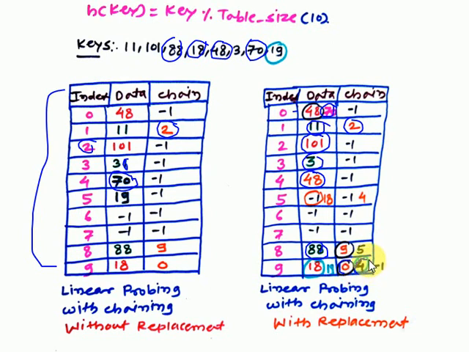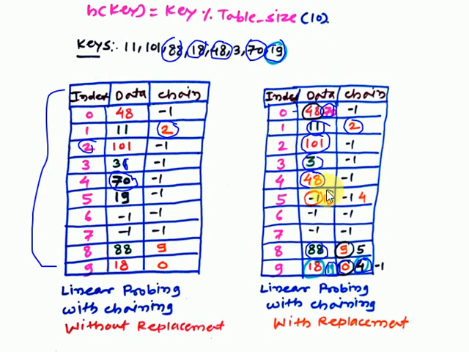Very important point. After that there is a 19. 19 mod 10 is 9. At the 9th index, if I want to put 19, there was already 18, but 18 is supposed to be at index 8, and who deserves index 9? 19. So 19 will come here. For 18 we'll find the next empty slot, which is 5.